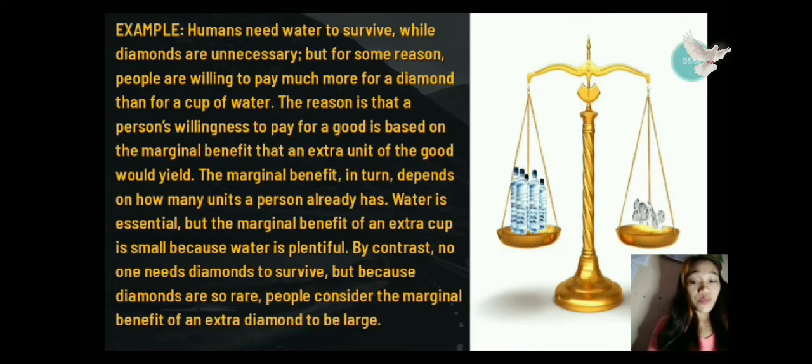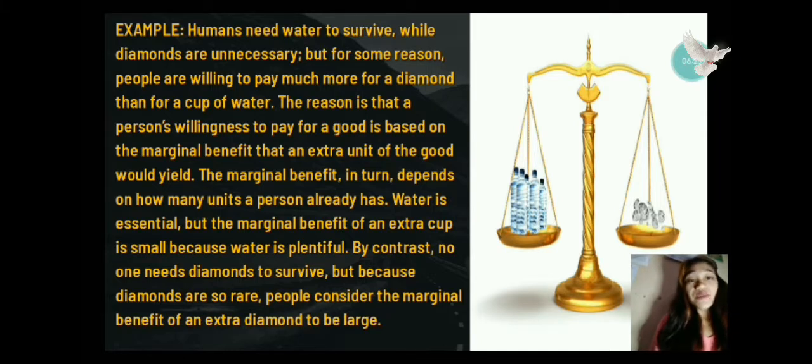So, for example, humans need water to survive, while diamonds are unnecessary. But for some reason, people are willing to pay much more for a diamond than for a cup of water. The reason is that a person's willingness to pay for a good is based on the marginal benefit that an extra unit of a good would yield.